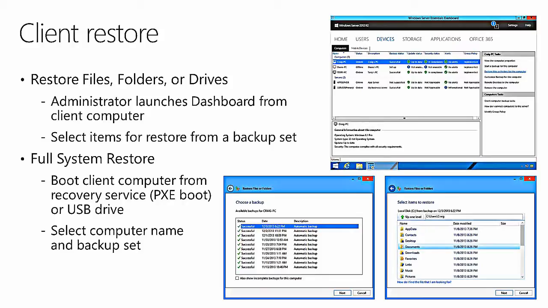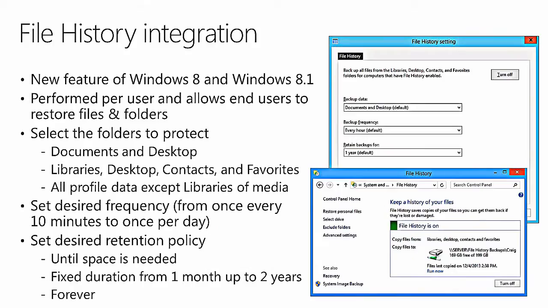So really a pretty robust way to get back files and even the entire PC for the environment. And I mentioned this as it relates to the integration with Windows Azure Backup, but the Essentials experience itself provides file history integration.